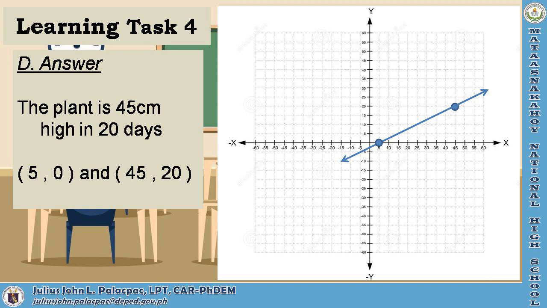So 45, 20 here. And 5, 0. Okay, so our graph goes upward from 5, 0 to 45, 20.